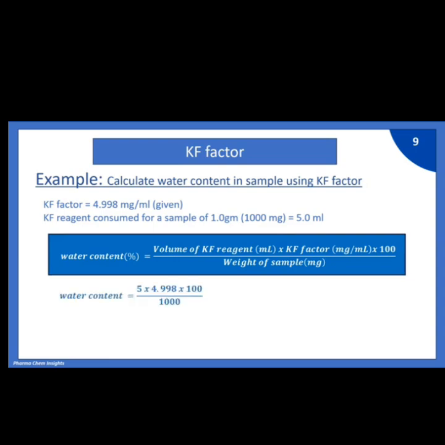Putting in the values, 5 × 4.998 × 100 divided by 1000, we get 2.50%. Thus the 1 gram sample has a water content of 2.5%.